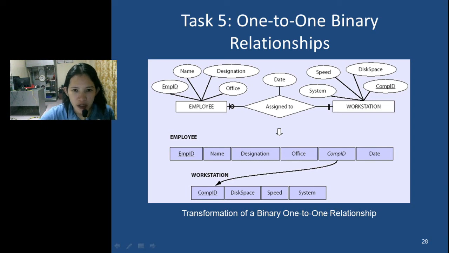For the workstation, we have copied comp ID, disk space, speed, and system. And for us to illustrate the relationship, we have to create the foreign key. So the assigned to and the date. So to show the relationship, we will add the primary key of workstation.